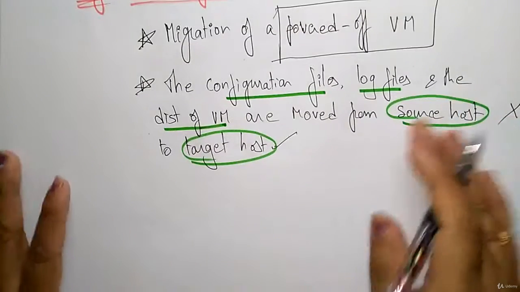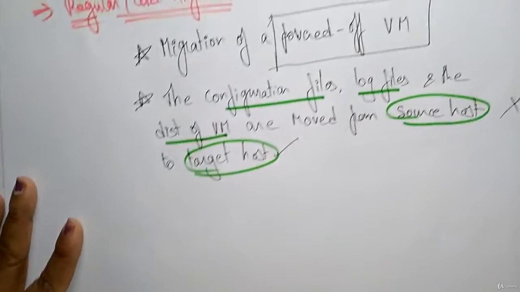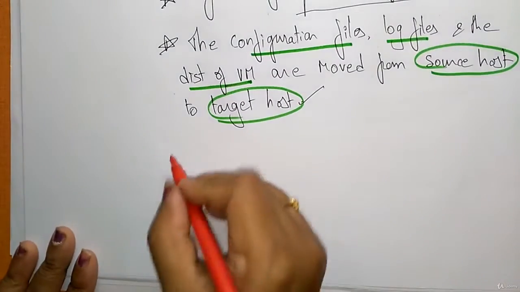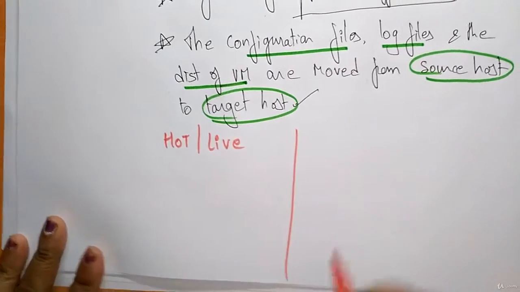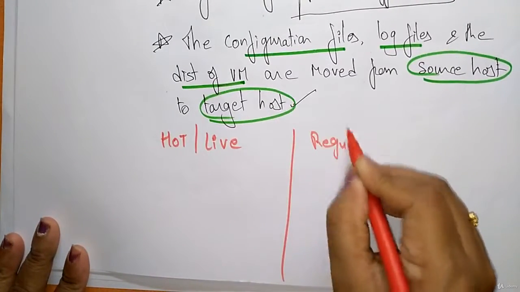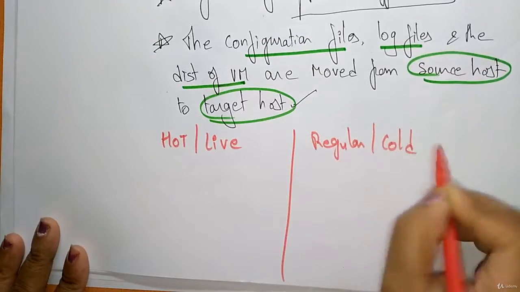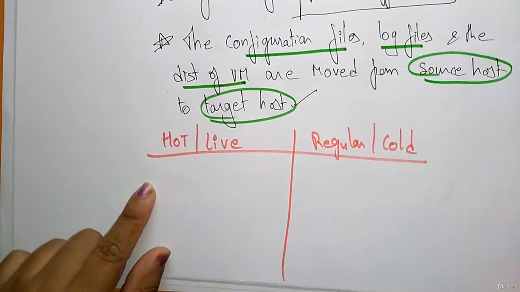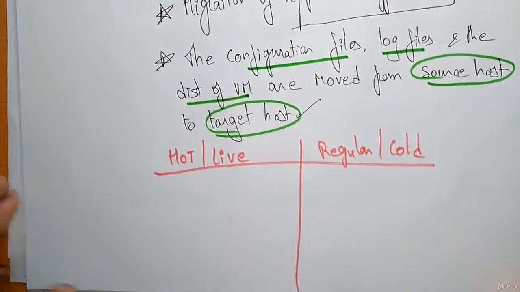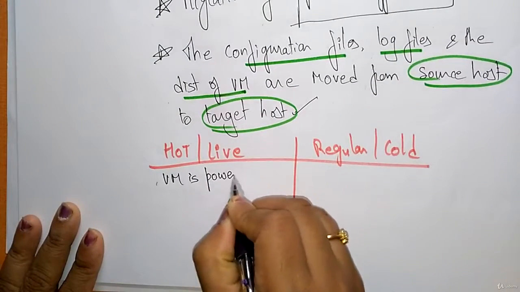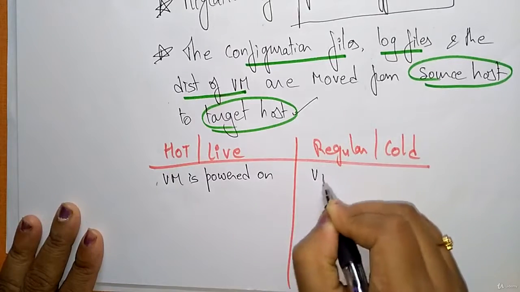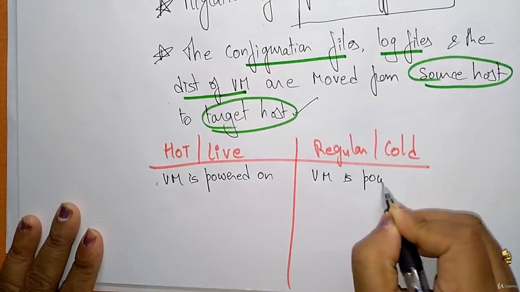Let me give an overview of the main difference between these two: hot or live migration, and regular or cold migration. In live migration the virtual machine is powered on, and in cold migration the virtual machine is powered off.